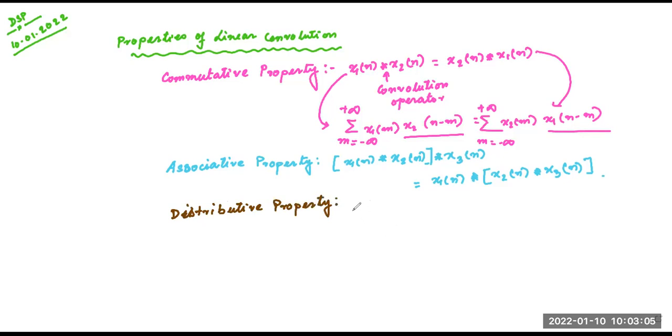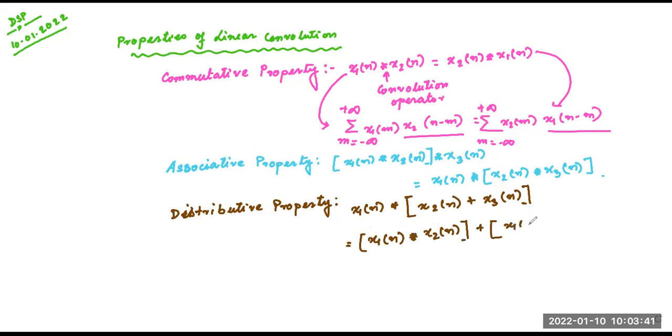It says that if x1[n] is convolved with x2[n], which is added with a signal x3[n], then we can write x1[n] convolved with x2[n], and the output is added with the convolution of x1[n] and x3[n]. So this is the distributive property.